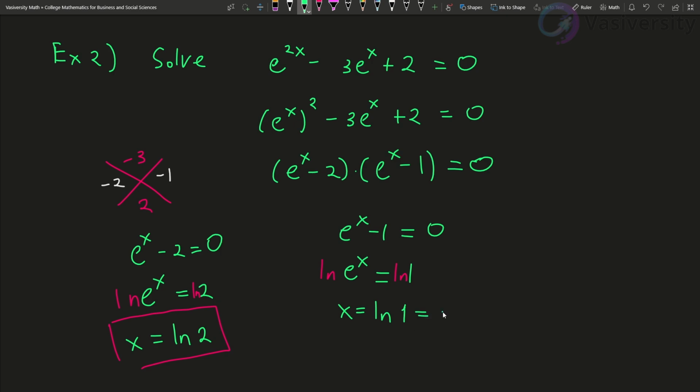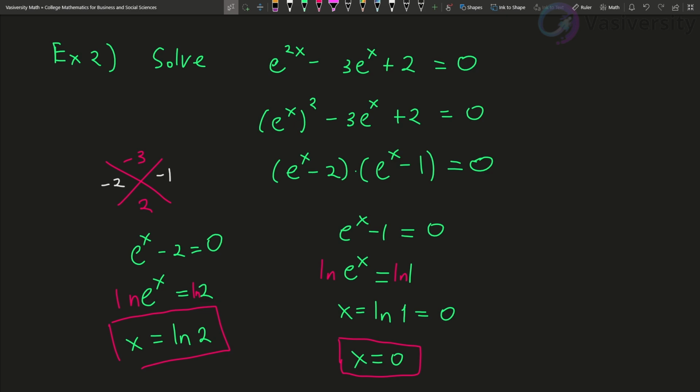So x is equal to 0. That's our second solution. All right. And that makes sense. We had a quadratic equation, right? And we got two solutions. So the way we can do it, we can plug it in and check, and they actually are going to be matching.